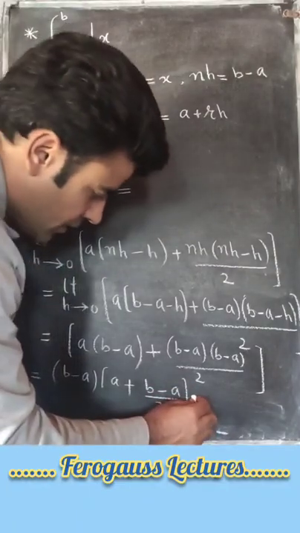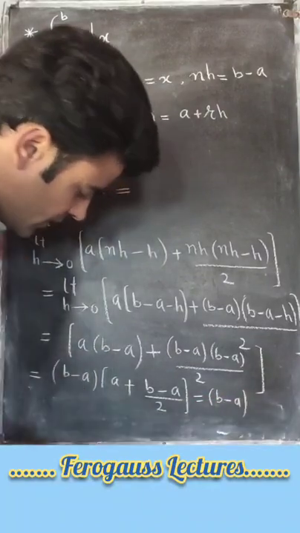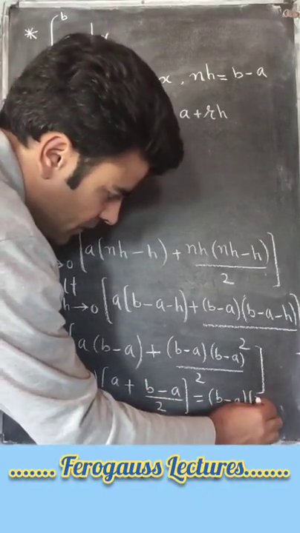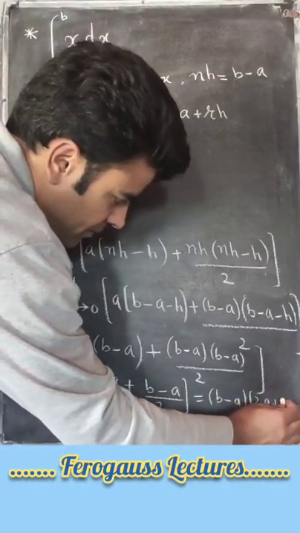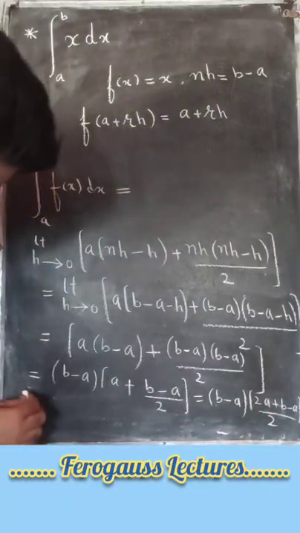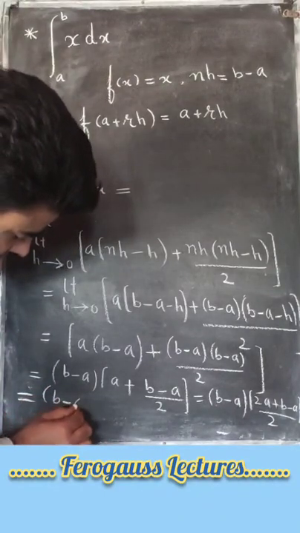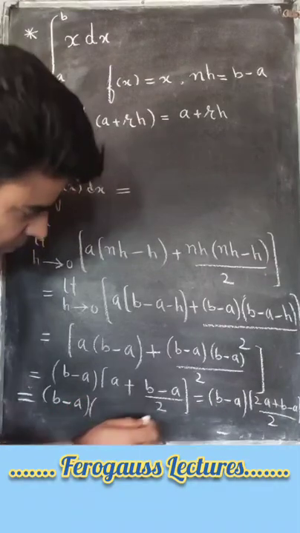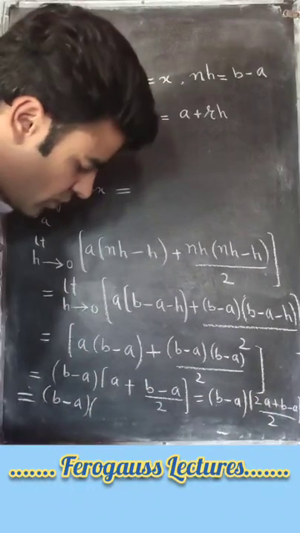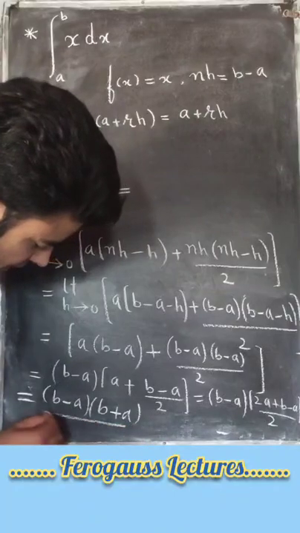That is further equal to b minus a into 2a plus b minus a divided by 2. That is further equal to b minus a into, 2a minus a is a, so we get a plus b, or b plus a divided by 2.